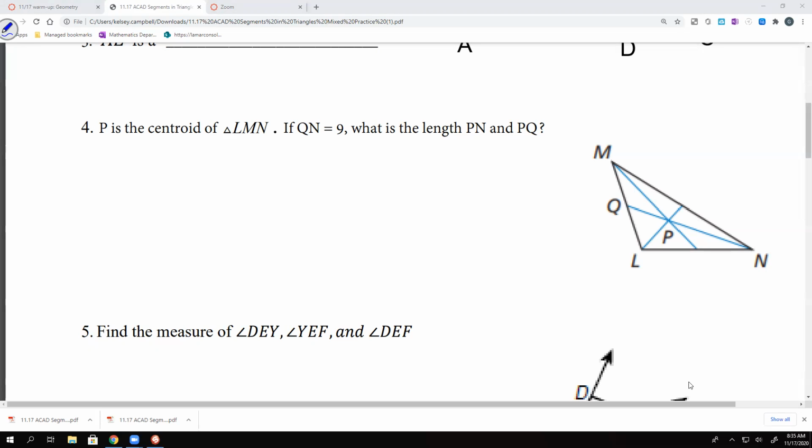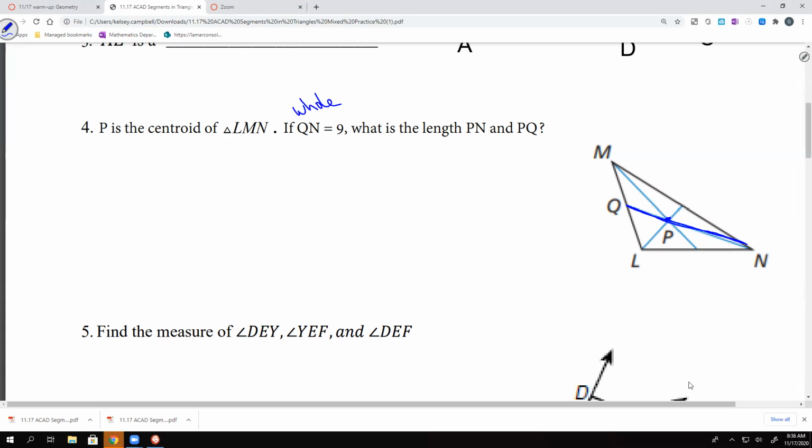So remember centroid makes the big piece and the small piece of that median, right? Okay, and it says what is the length? Oh, QN. So we're talking about this one here. Is QN the big, small, or the whole thing, guys? The whole thing. QN is 9.